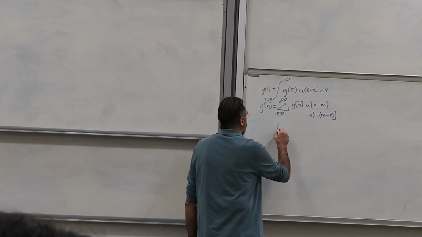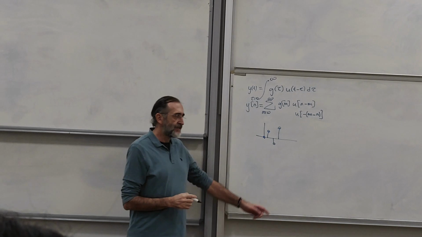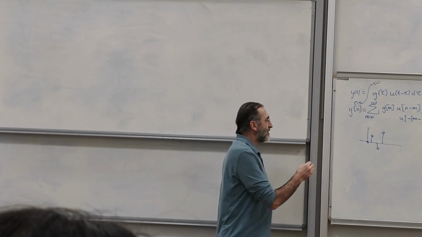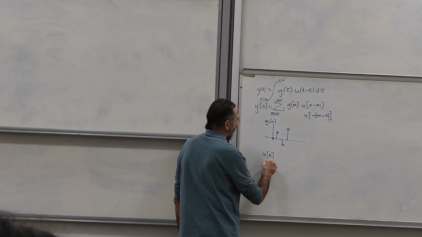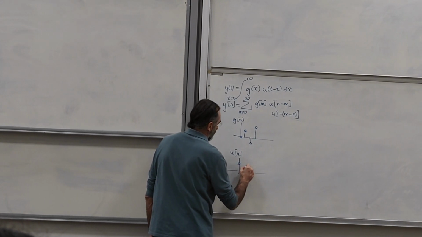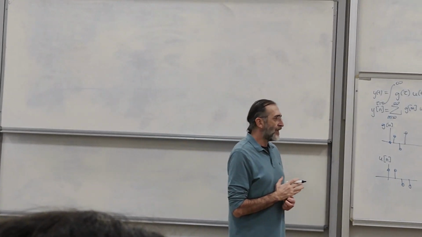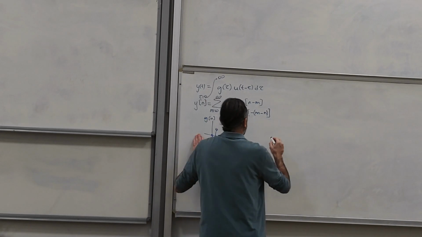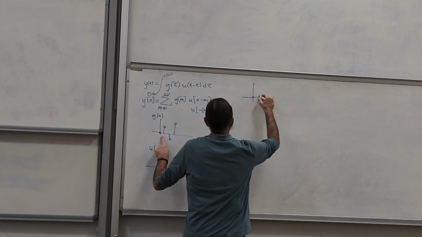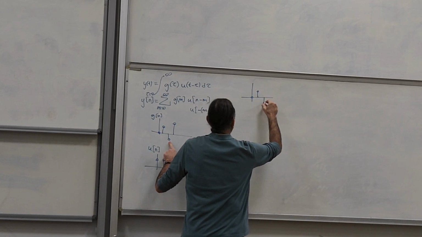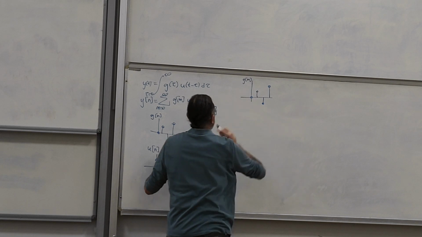So if you want to combine, for example, any system, G of n, with any input, what we have to do first is write that down, 0, 1, minus 1, 2 as G of n.